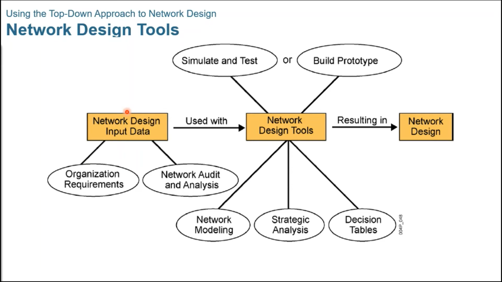These tools or services are used to verify the acquired design, thereby lessening the need for pilot network implementation. Now the figure here illustrates how the initial requirements information is processed with network design tools to produce the network design.